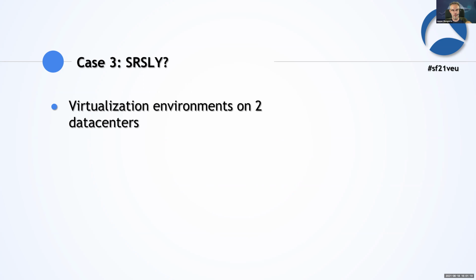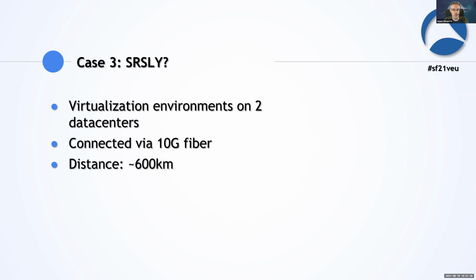This concerned a virtualization environment on 2 data centers. Those data centers were connected with a 10G fiber link, whatever. There was a service provider doing that for them. And the distance between them was about 600 kilometers. So it was quite far away.